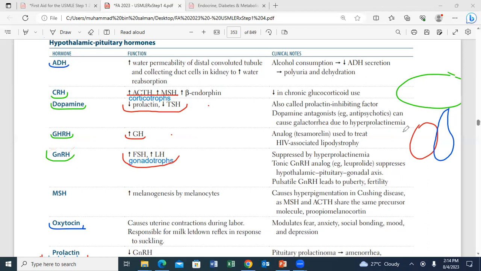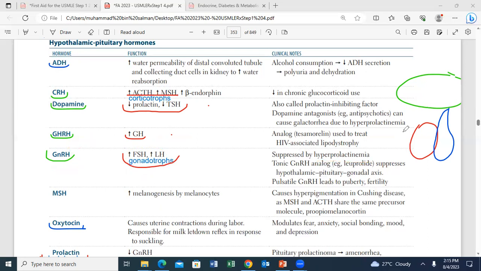Prolactin is stimulated by sex hormones, but prolactin inhibits gonadotropin releasing hormone, which then inhibits FSH and LH, which then inhibits the sex hormones, the estrogen, the testosterone, and so on. So this is a very interesting kind of interaction. At this point, what they are saying is hyperprolactinemia will suppress gonadotropin releasing hormone.